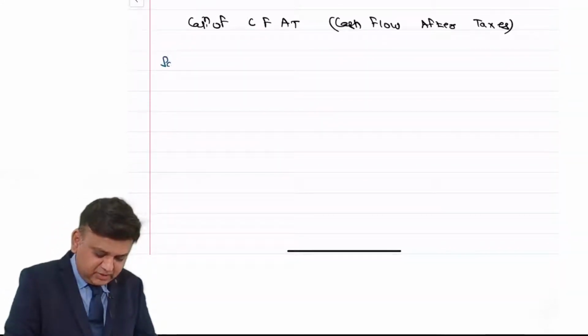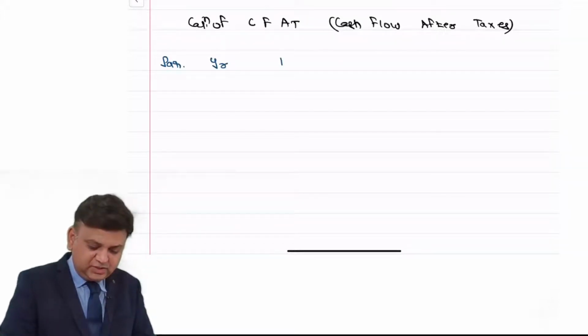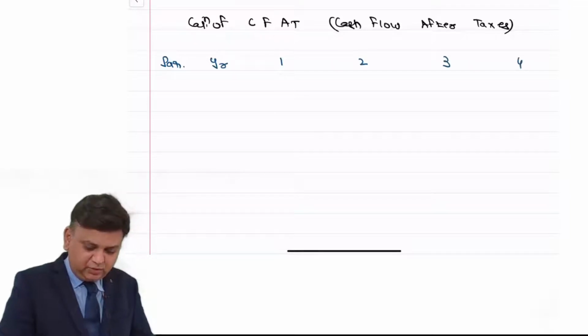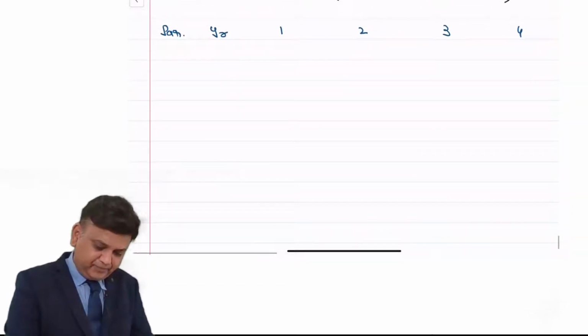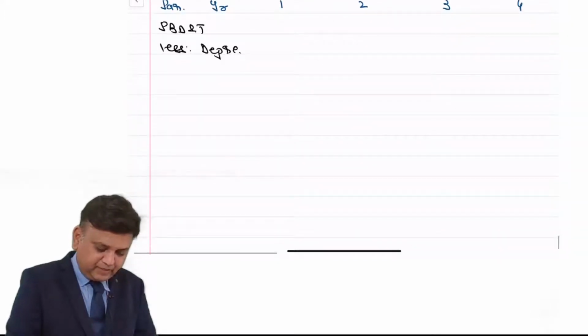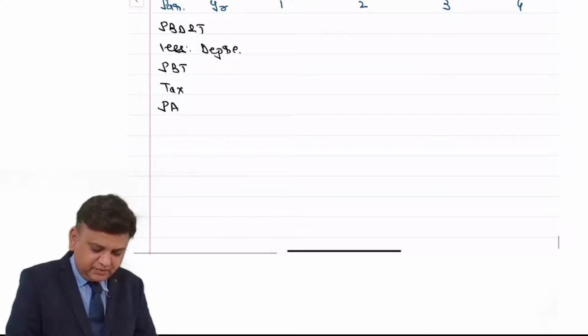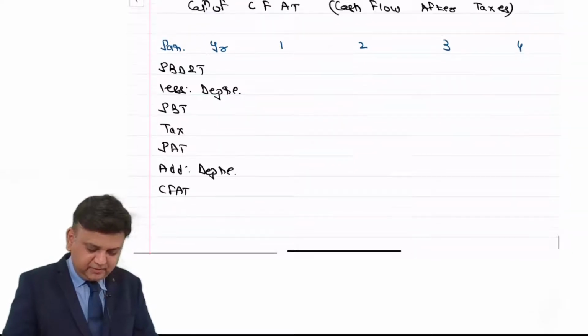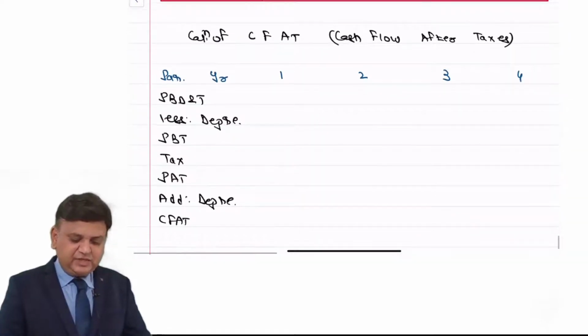Column number 1 is particulars. Opposite to that, it is first year, second year, third year, and fourth year. It is profit before depreciation and taxation less depreciation, then profit before taxes, income tax, profit after taxes, then we add back depreciation to make CFAT. That is the way cash flow after taxes can be calculated.